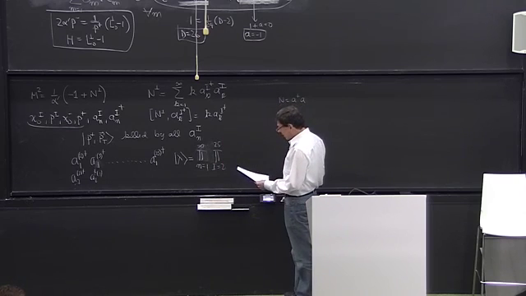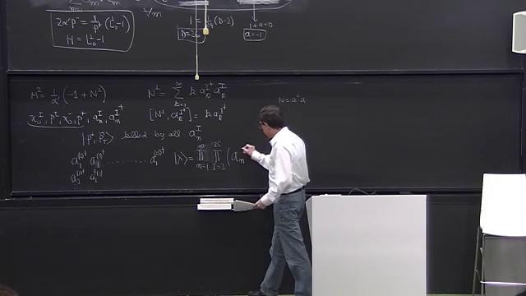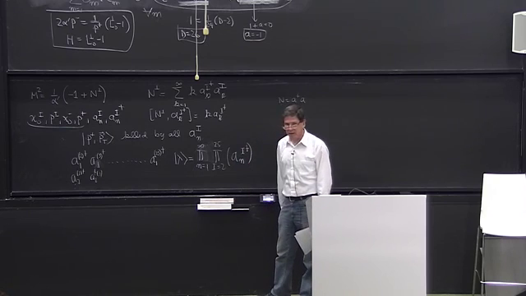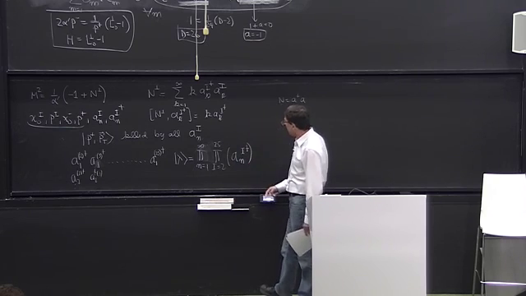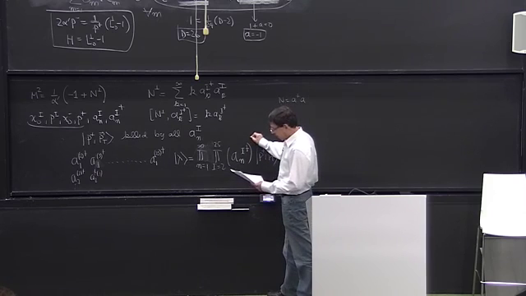So in order to specify a state, you have a_n^i dagger, that creation operator. You have to say how many times it acts on the vacuum, on the ground state, I'm sorry. So you put a number here that we call lambda_{n,i}.